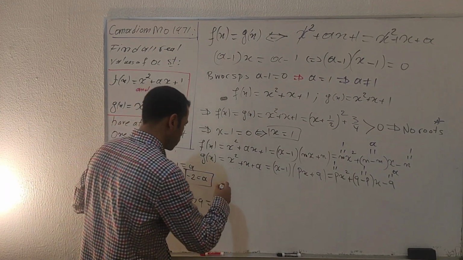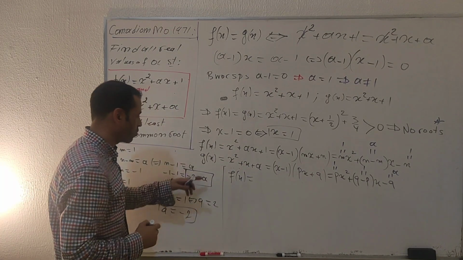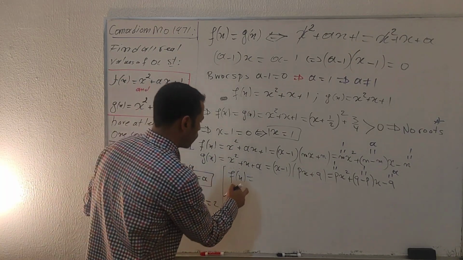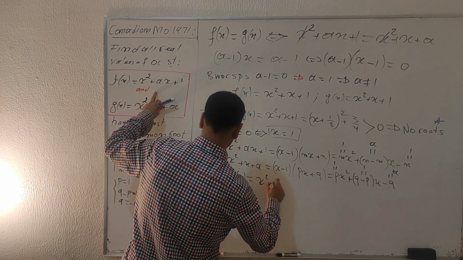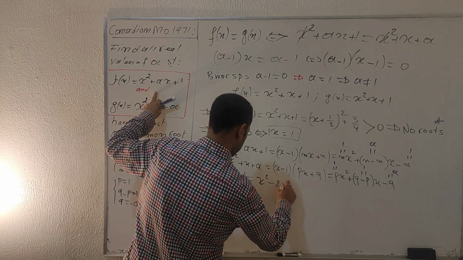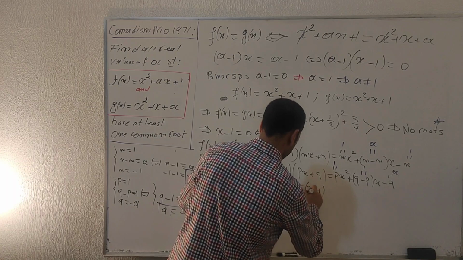So I'm going to write f of x by replacing this information into the function. For the first function, f of x, I get x squared plus minus 2x plus 1. This is written in the form of x minus 1, squared.